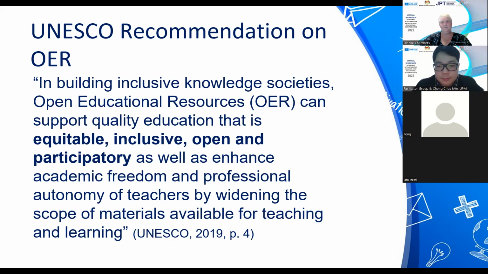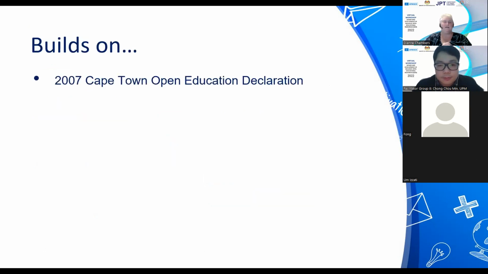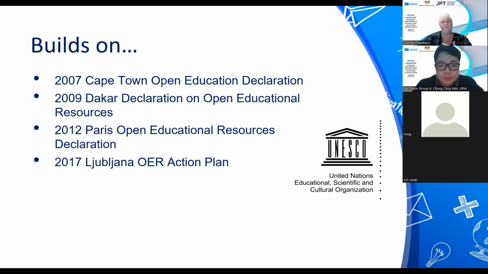When we look at the UNESCO recommendation 2019, it builds on a number of other recommendations that have come before it. So as you can see, this is not a new concept. This has been in progress for quite a long time. The 2007 Cape Town Open Education Declaration was the impetus for this to begin.